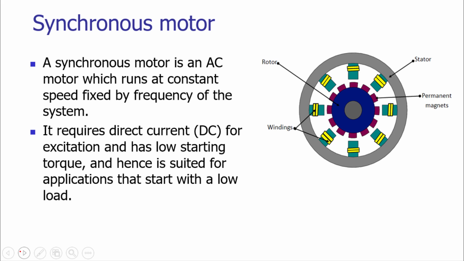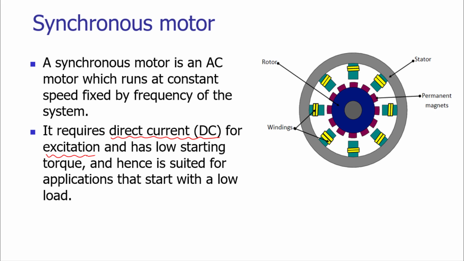The synchronous motor requires direct current for the excitation. The rotor of the synchronous motor has certain inertia. That's why it has a low starting torque. At the start of the synchronous motor, it is difficult to generate sufficient torque to rotate the rotor.